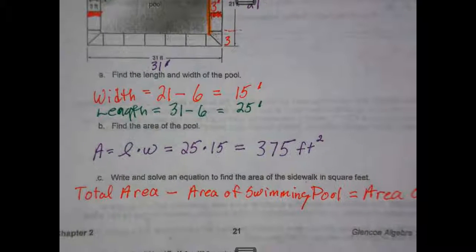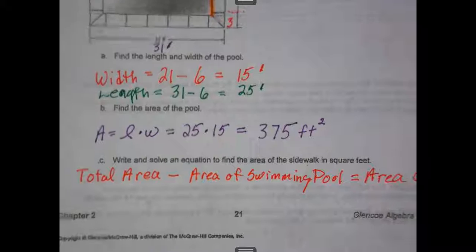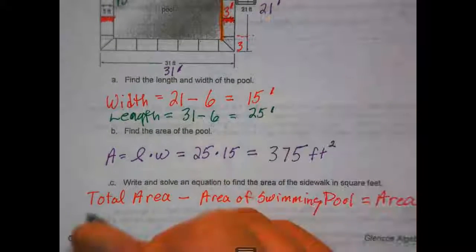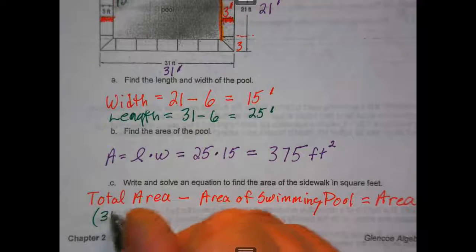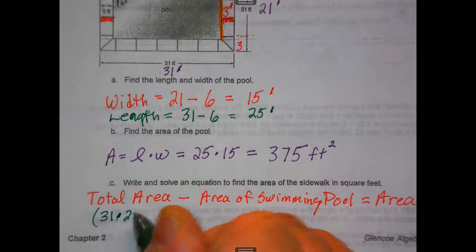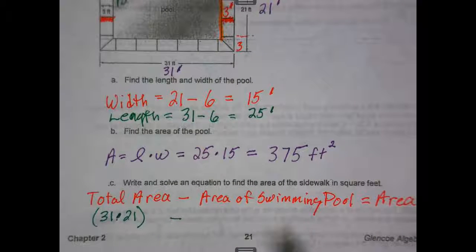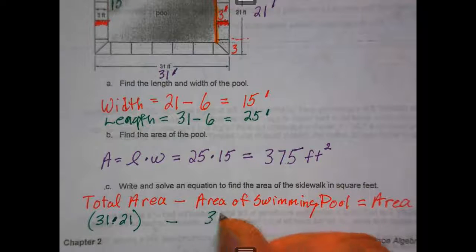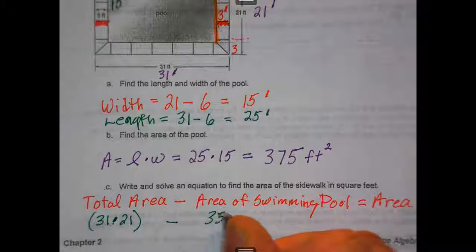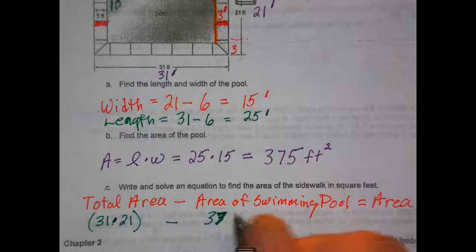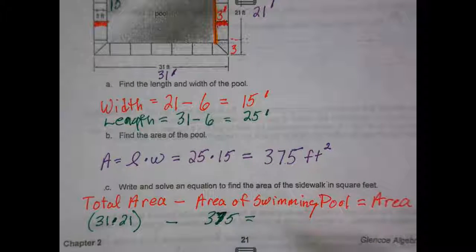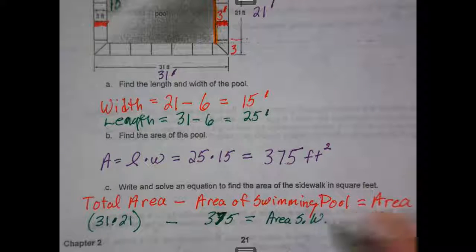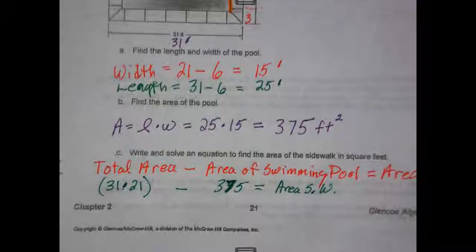What's the total area? It's 31 times 21, and we minus the area of the swimming pool, which we found to be 375. That equals the area of the sidewalk.